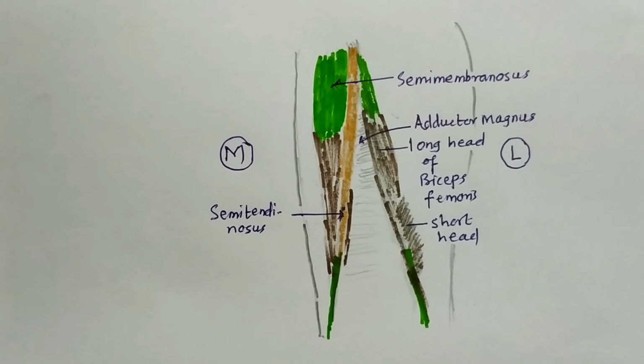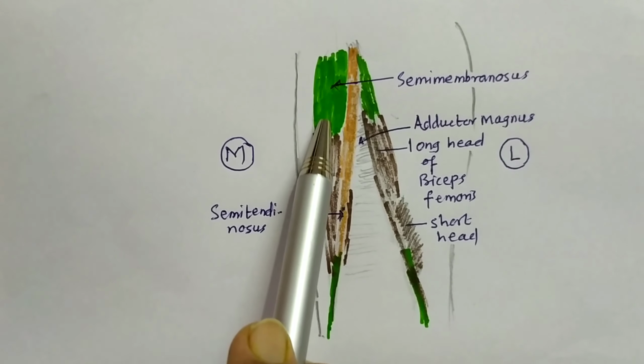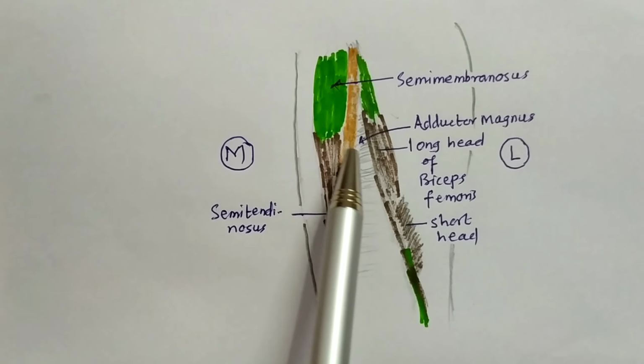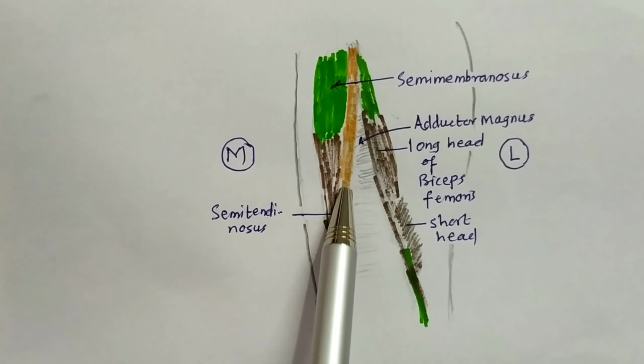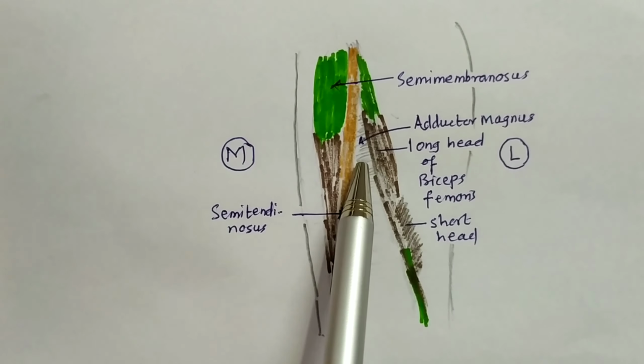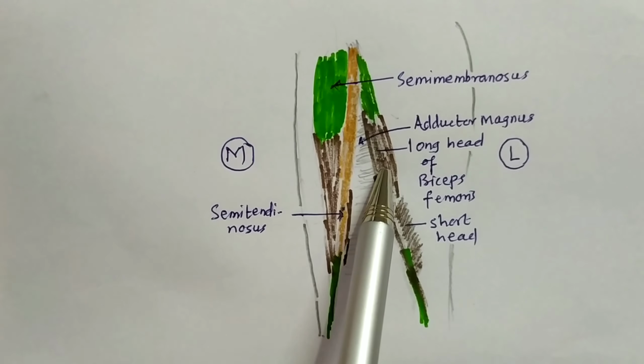The posterior compartment of thigh is the flexor compartment. It consists of hamstring muscles and the short head of biceps femoris. The hamstrings is a group of 4 muscles, that is the semimembranosus, the semitendinosus, the ischial part of adductor magnus and the long head of biceps femoris.